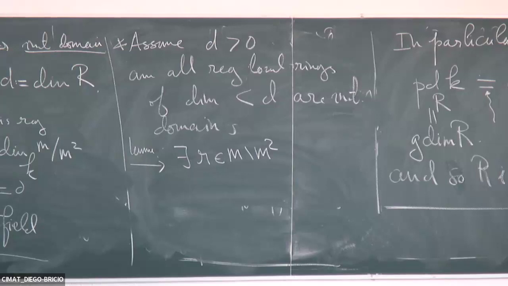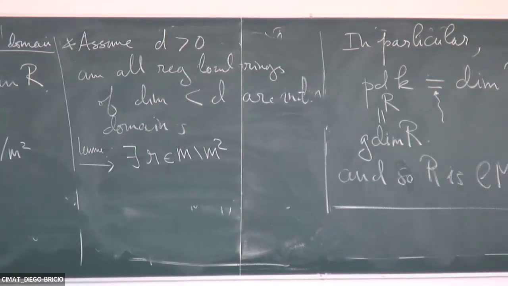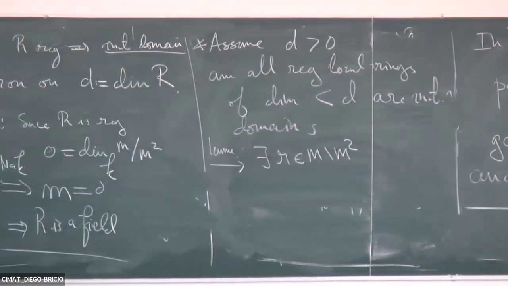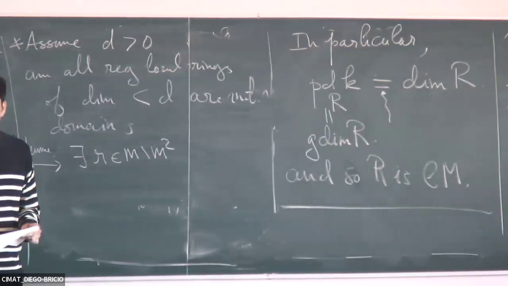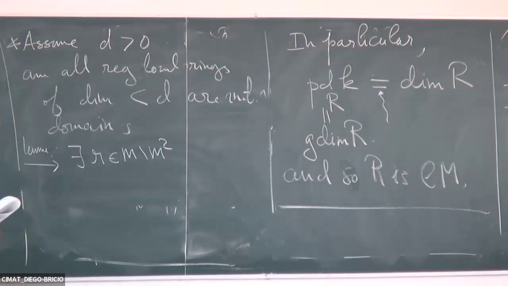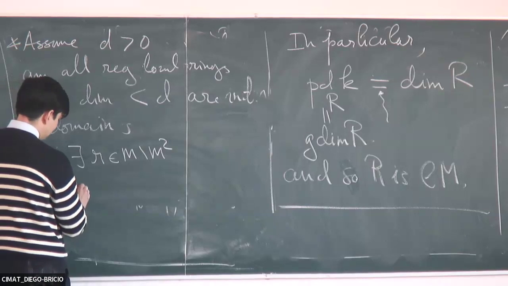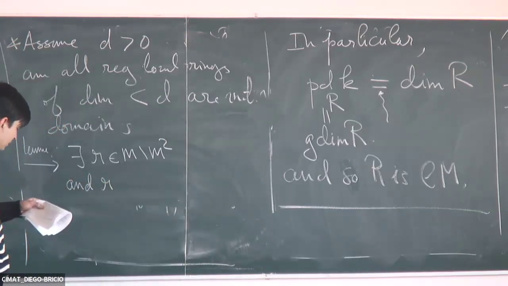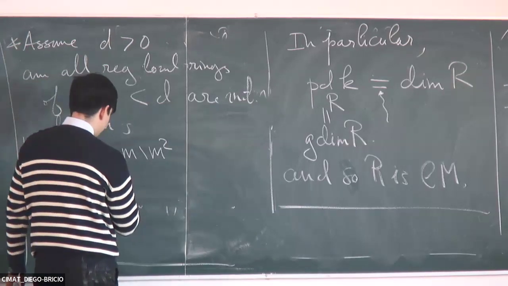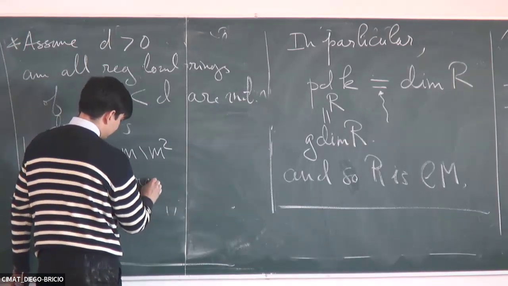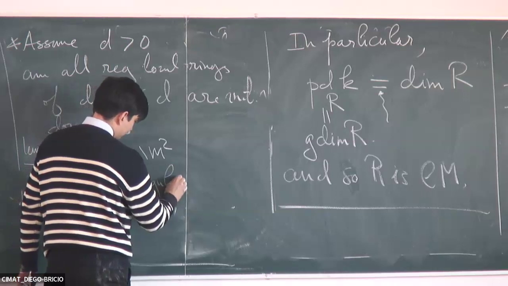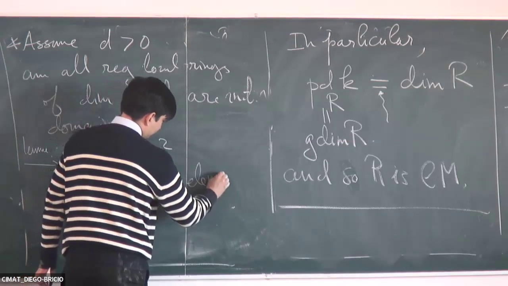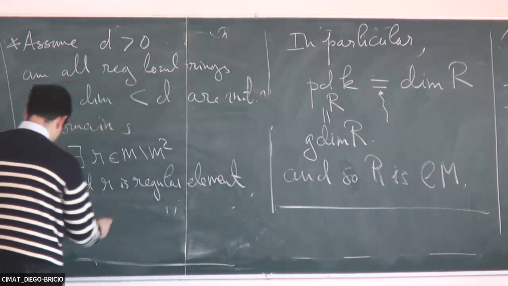By Nakayama's lemma again. And r is a non-zero divisor. It is a regular element.